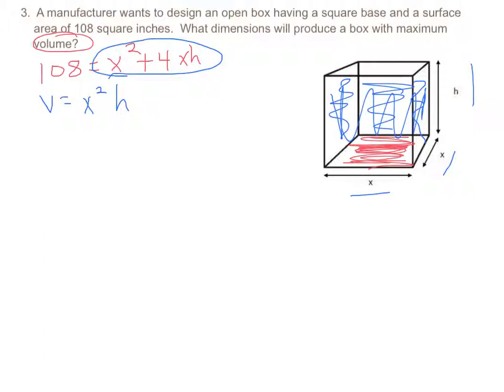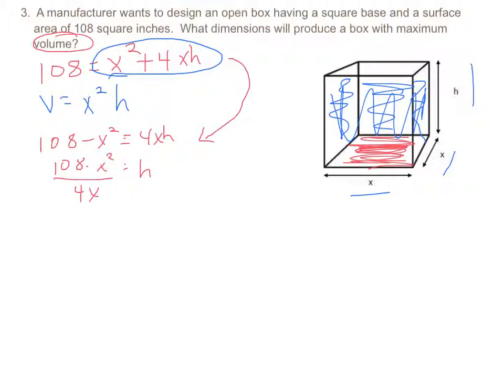So the best thing for us to do here is to solve the secondary equation for h. So we'd have 108 minus x squared equals 4xh, and then we will divide by the 4x, so we'd end up with 108 minus x squared over 4x.